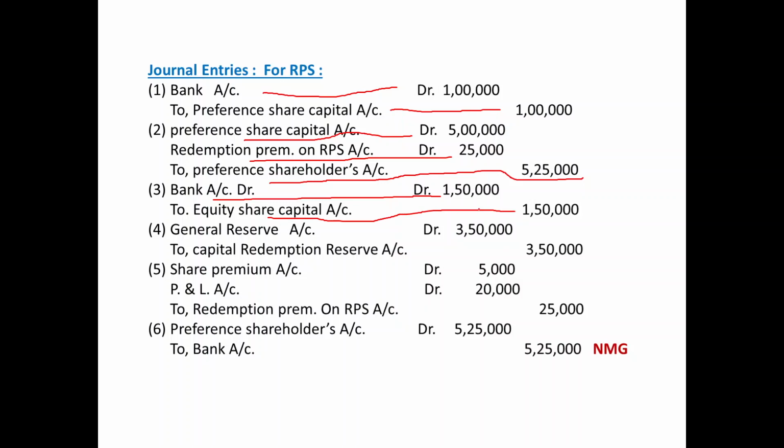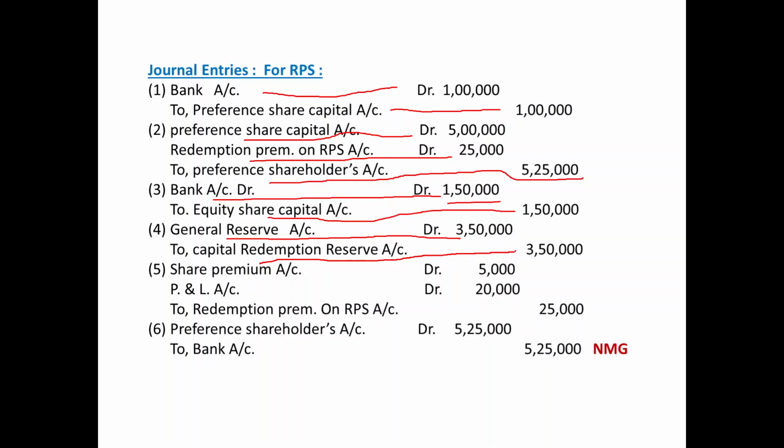We saw this amount in the balance sheet also, by comparing the two balances of equity share capital account, and we decided the amount of fresh issue as 1 lakh 50,000. Then creation of CRR. Fourth journal entry: general reserve account debited 3 lakh 50,000, to capital redemption reserve account credited 3 lakh 50,000.